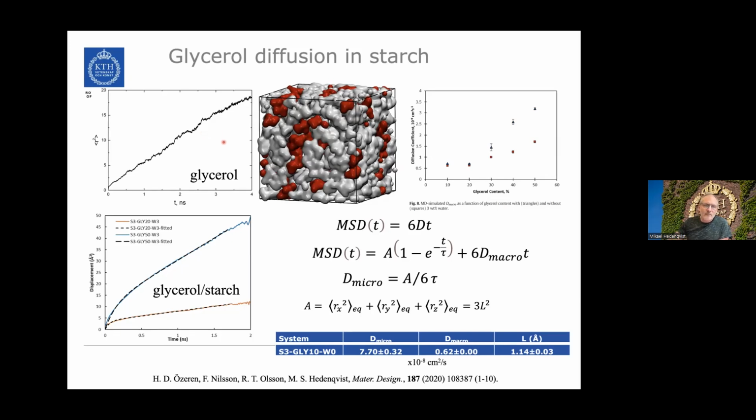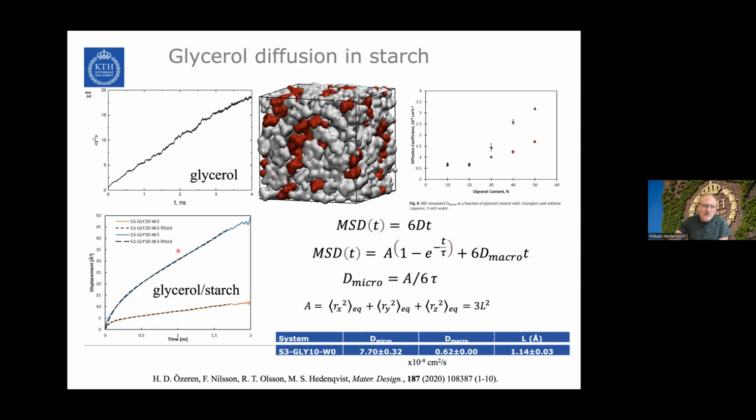Now, if you put glycerol not among itself, but into a rather rigid polymer, these square displacement curves look different. You don't have a straight line from the beginning. You have a non-linear curve, and at longer times, when you track it, it becomes linear.